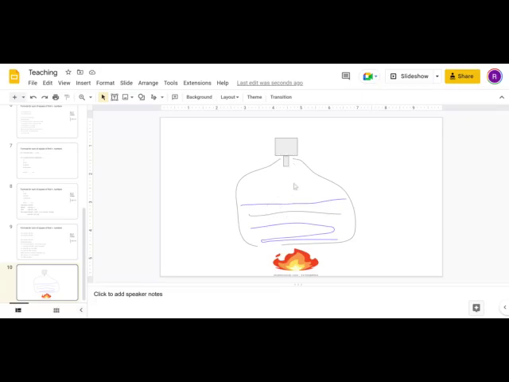Then water starts releasing steam, and because there's more and more steam here, the pressure increases. Because the pressure increases, the whistle goes up. Because the whistle goes up, the hole opens, and the steam comes out. When the steam comes out, the amount of steam here decreases. Because the amount of steam decreases, the upward force on the whistle also decreases, and so the whistle comes down.